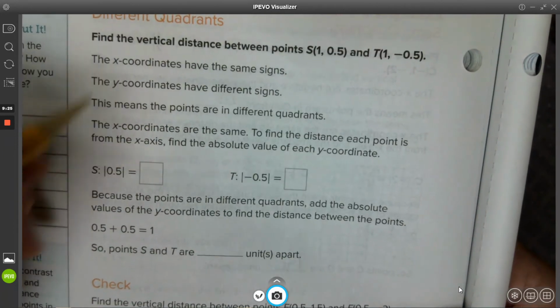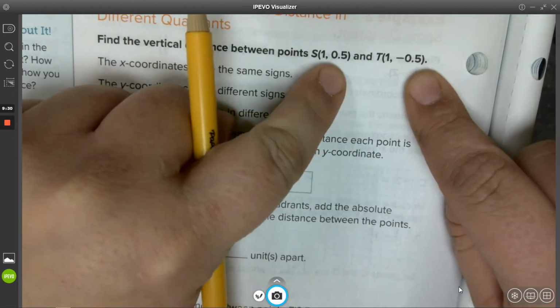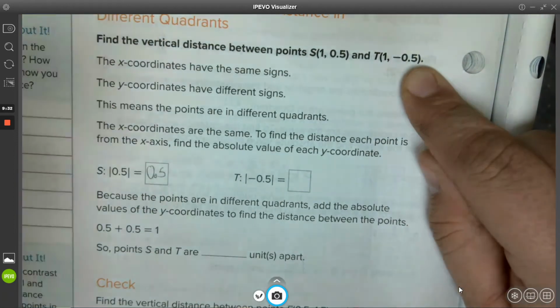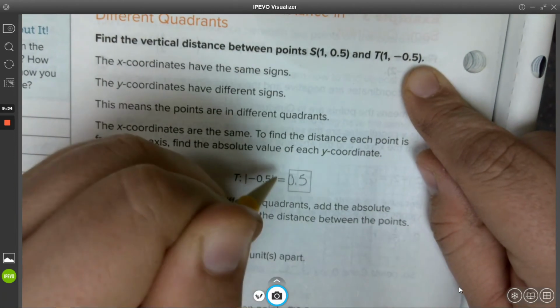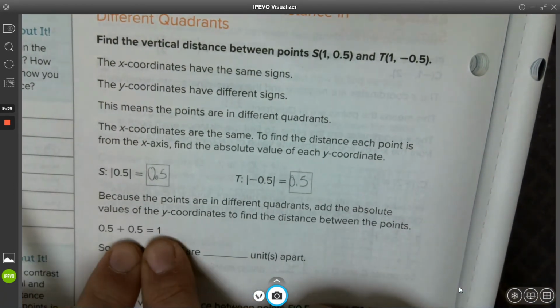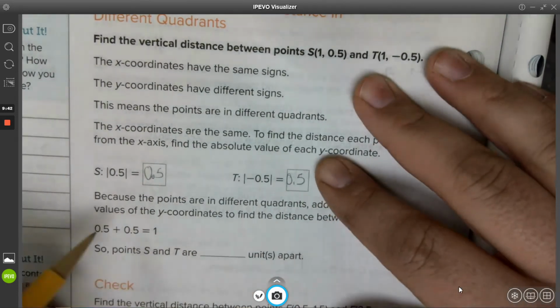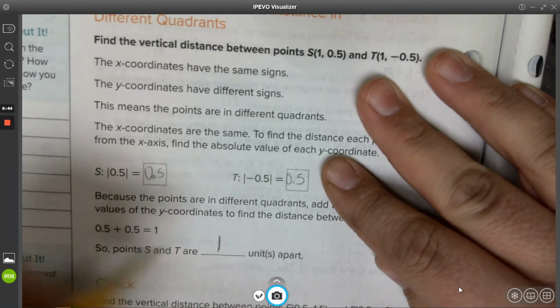So finding your absolute value of the different numbers, right? Our 1's are the same, so we're going to compare these, find the absolute values of those. Okay, so we have 1/2 and another half. 1/2 plus 1/2, because they're in different quadrants, we add. We would then find that they're 1 unit apart.